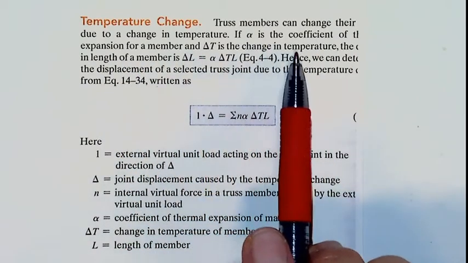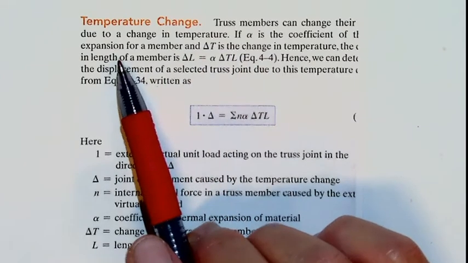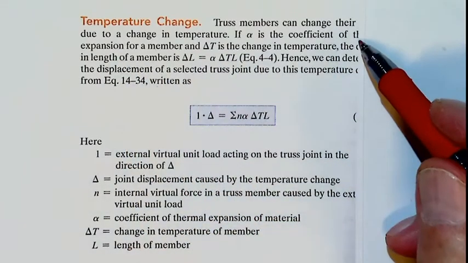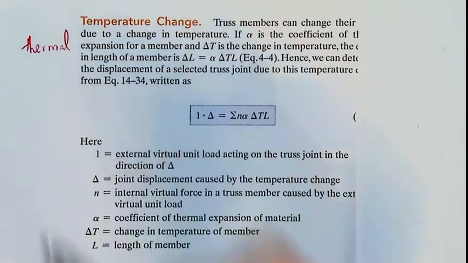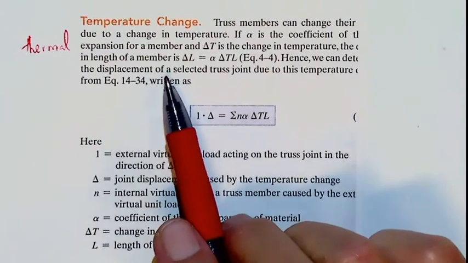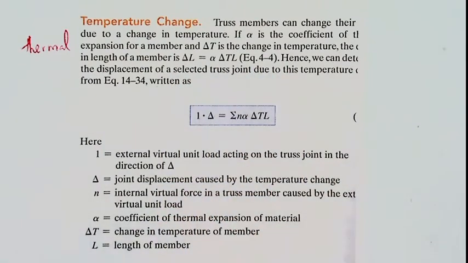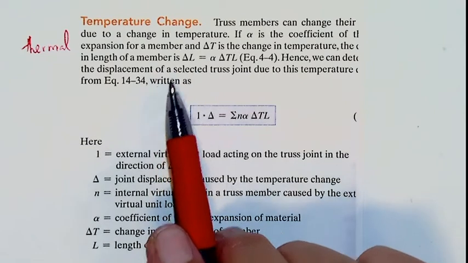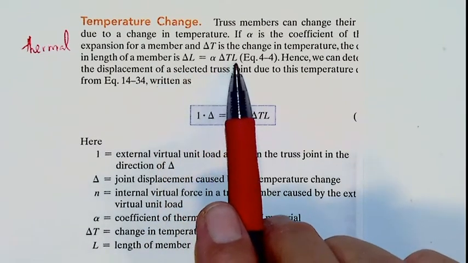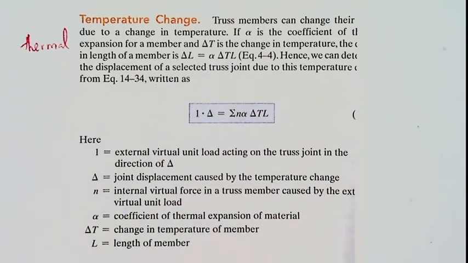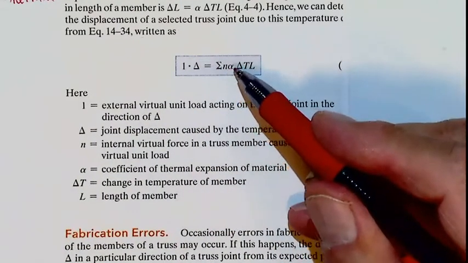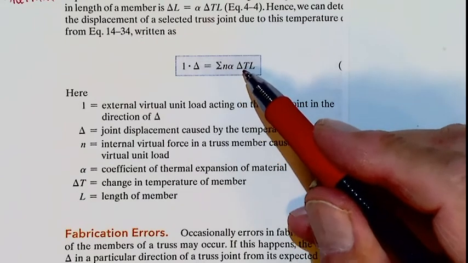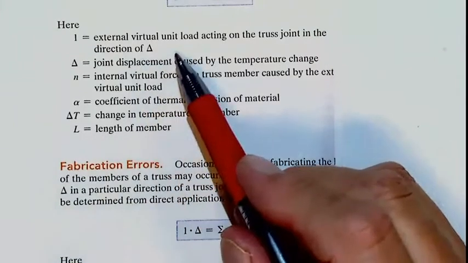If alpha is the coefficient of thermal expansion for a member, and delta T is the change of temperature, then the length will change by delta L equals alpha delta T L. Hence, we can determine the displacement: 1 times delta equals summation of n times alpha delta T L. 1 is the external virtual unit load.